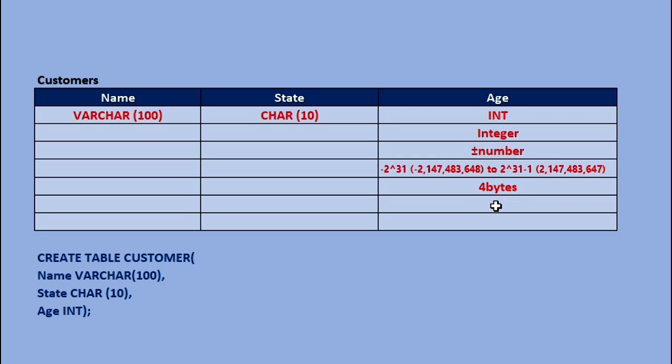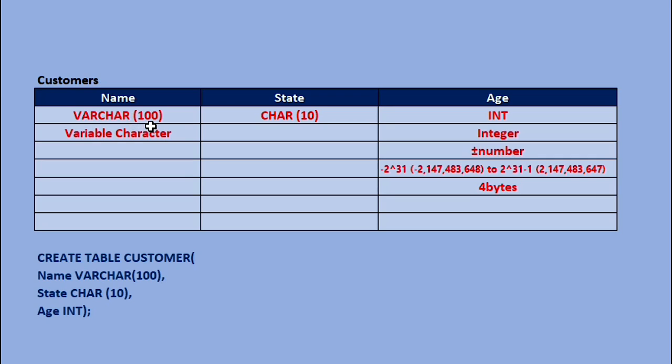Now let's talk about varchar and char. Varchar is the short form of variable character. Every time we use varchar as our data type, there should be a character limit for it, and we write it inside parentheses. Our character limit is 100, as you can see here.